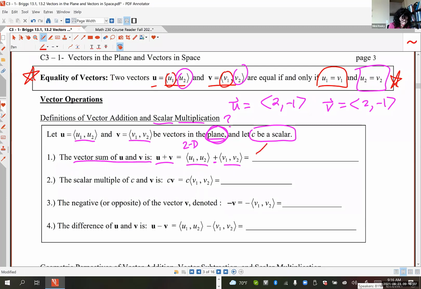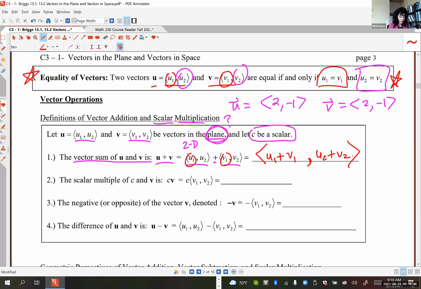You're going to leave some room in there, and you're going to have 2 scalars separated by a comma, okay? The first scalar is going to be the sum of what I call the x components of your vectors. So the u1 is the x component for the u vector, and the v1 is the x component for the v vector. Just add them together. And then comma, u2 plus v2, and we're done. It's that simple to add 2 vectors together when you have standard position, component form.